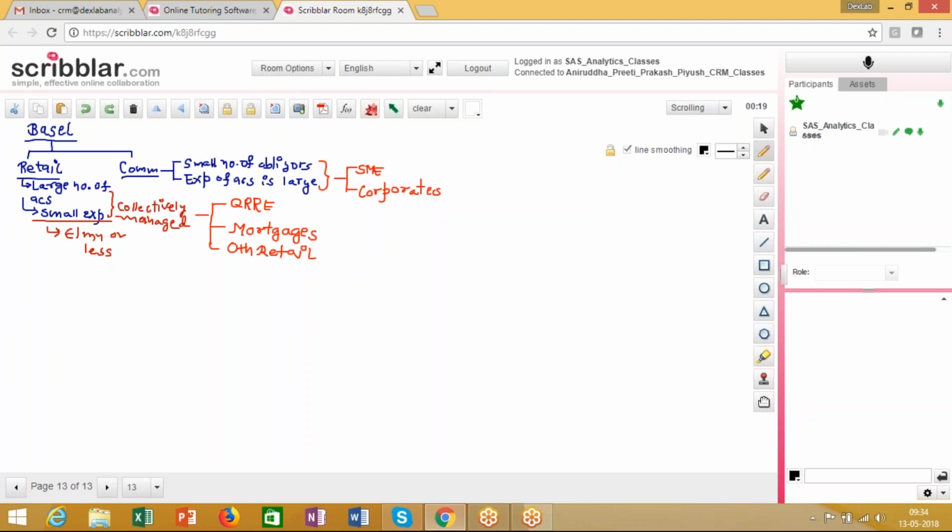For the commercial portfolios, we'll have a small number of obligors, and the exposure of the accounts will be relatively large.